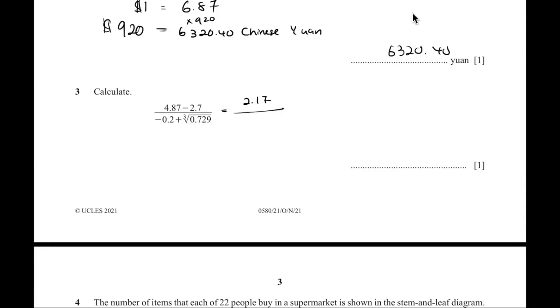So again, I'll just write cube root of 0.729, negative 0.7.